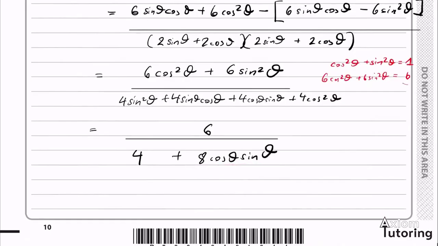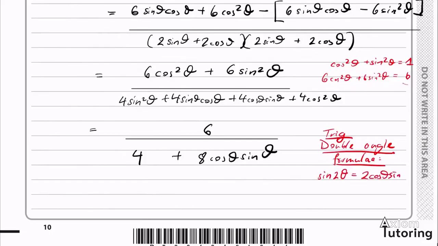If we recall our double angle formula, so our trig double angle formulae. I'll write formulae because obviously there are multiple, but this one here specifically, we have sine 2 theta is equal to 2 cos theta sine theta.